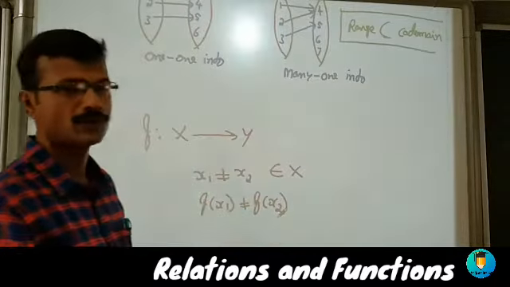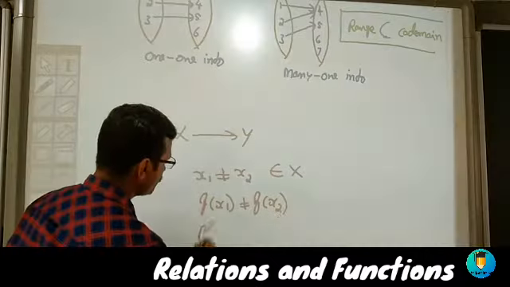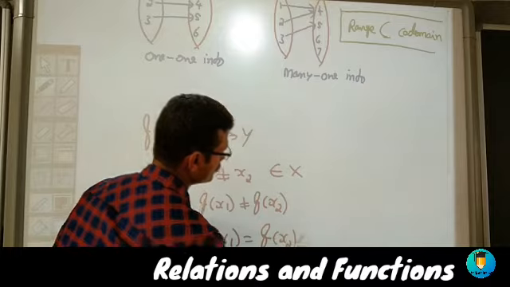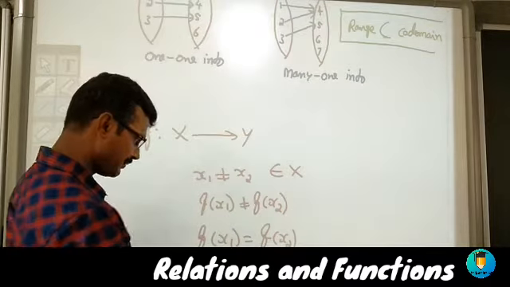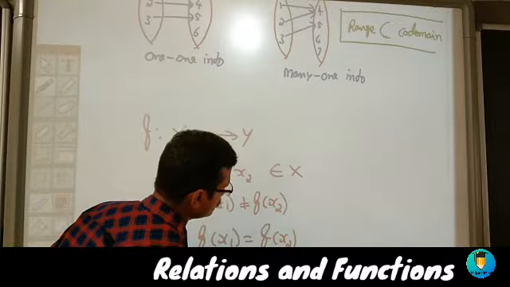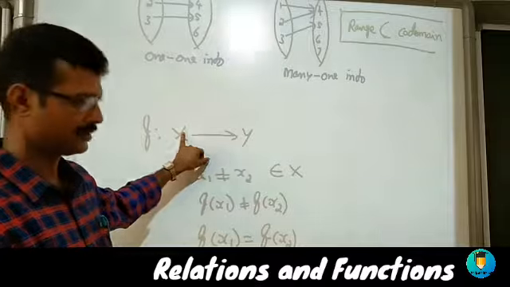Another way we can prove it is: if f(x1) is equal to f(x2), and finally, if you simplify, we reach x1 is equal to x2, then also we can say the function is one-one.